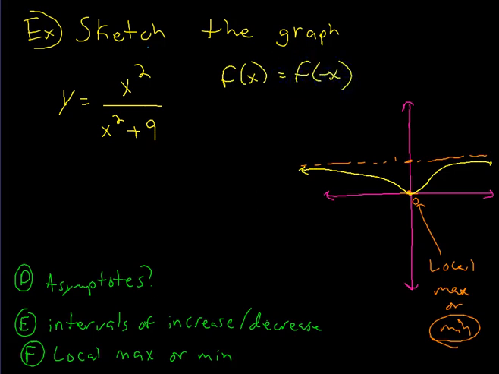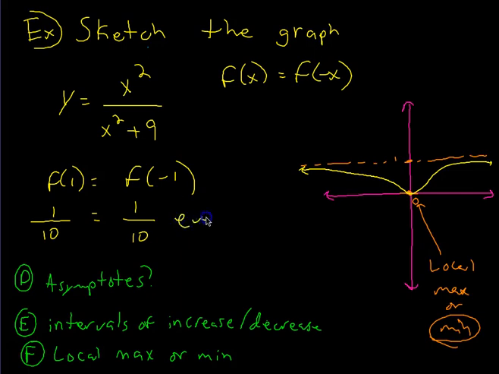So if I plug in f of 1, it has to be the same as f of negative 1. f of 1 in this function would be 1 over 10. f of negative 1 would also be 1 over 10. I didn't show the math, but you plug in 1 there and negative 1 there, and 1 squared is 1. So it is even, because f of 1 equals f of negative 1.